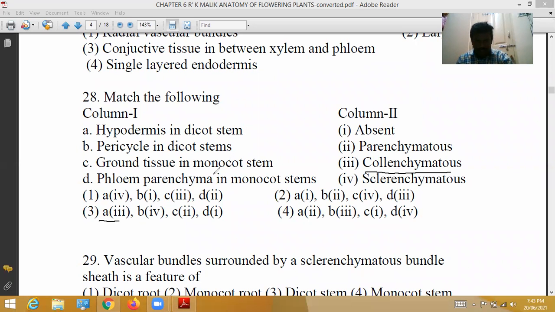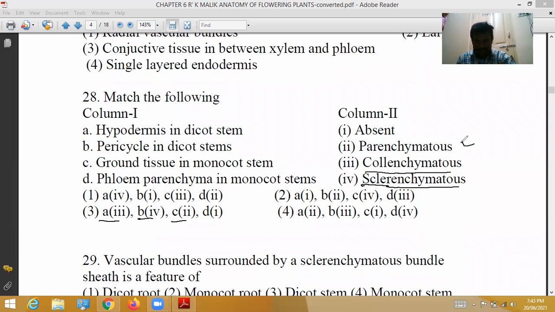Pericycle in dicot stem, B4, it is sclerenchymatous. So the third is correct. Next, C3, ground tissue in monocot stems, C2, parenchymatous.